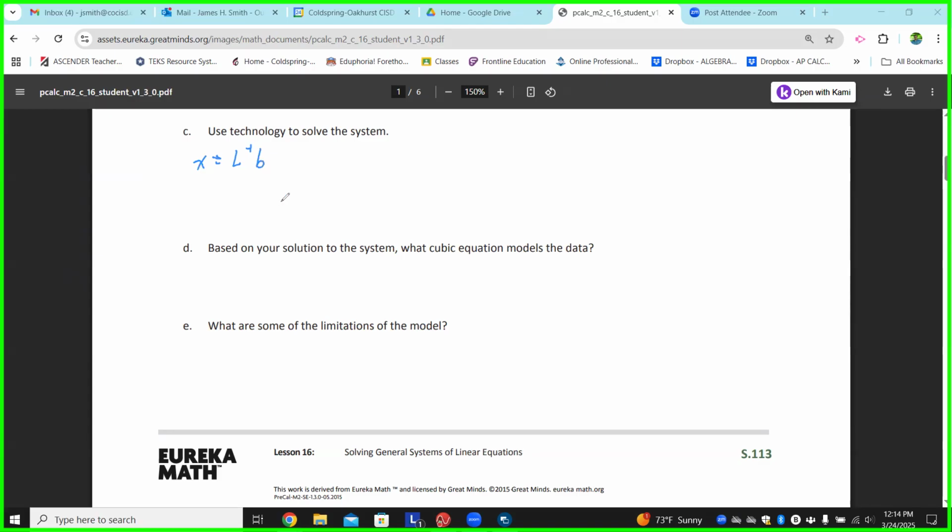Now, we learned how to do the inverse of a 2 by 2. That's expected of you. Anything greater than that, we can just use our technology.